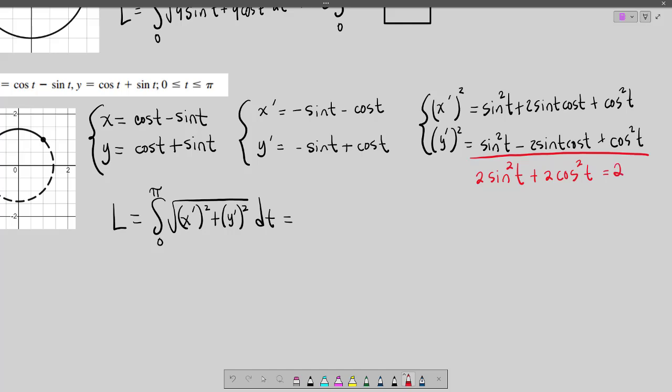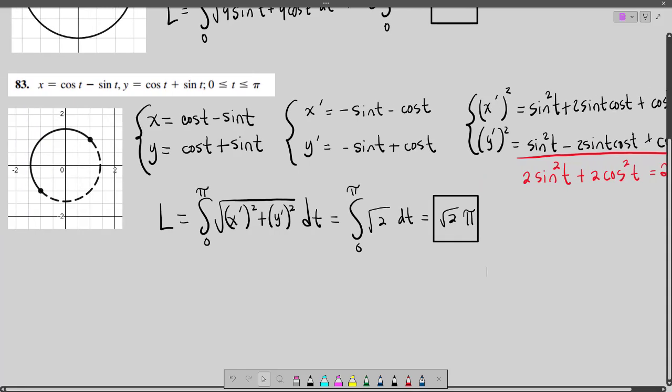If we factor out the 2, we get 2 multiplied by sine squared plus cosine squared, so 2 times 1, a total value of 2. So we can write this as the integral from 0 to pi of the square root of 2 dt. It's just a constant, so we get square root of 2 multiplied by pi. That will be the arc length between those 2 points.